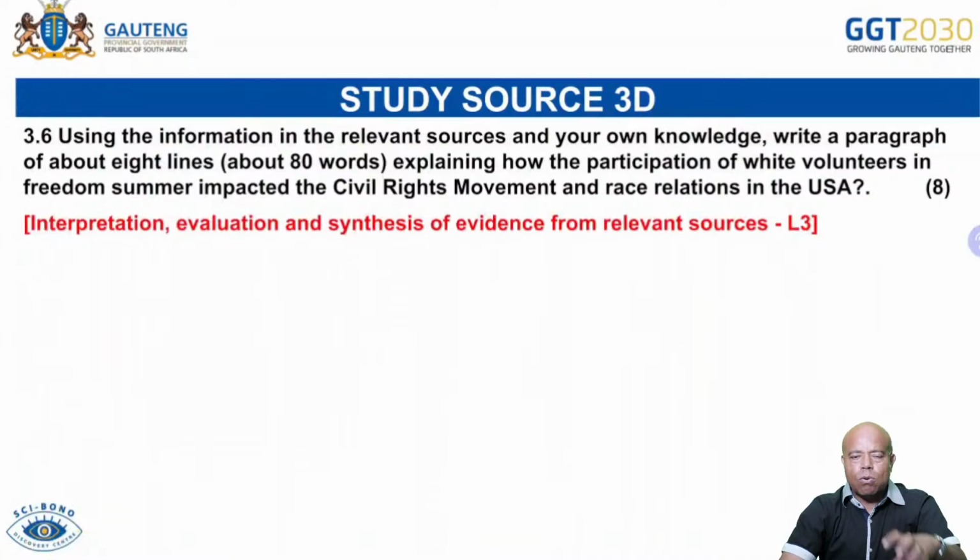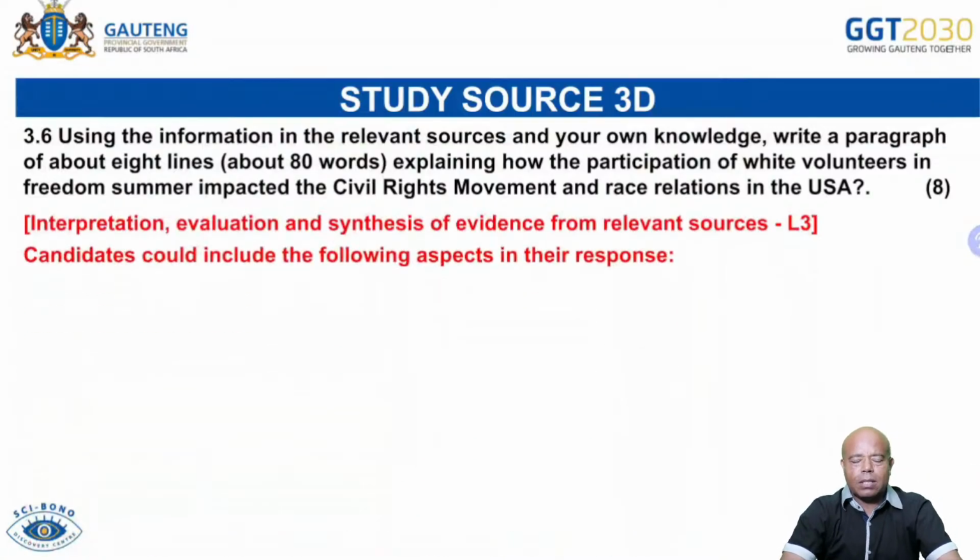It means you don't write it down as is. Learners, if you write it down word for word, it is called plagiarism, and plagiarism will stop you from passing this question. It means you will receive 0 marks because you've copy-pasted the sources.